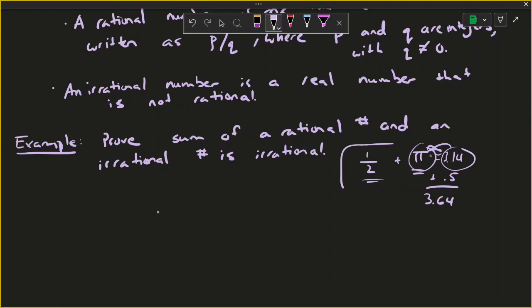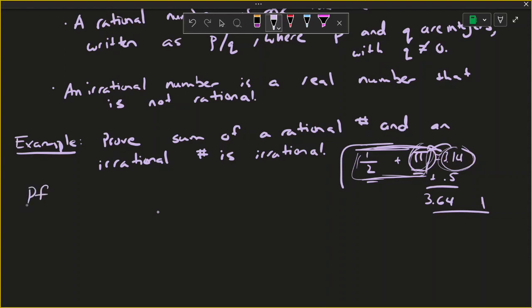You basically have truncated this irrational number into a rational and then gone from there. But as you know from math, you wouldn't be able to combine these two terms. You would just have to write your final answer like that. So it seems like it's a true statement that a rational number plus an irrational number is irrational. But let's prove it for any two rational and irrational number pairs.